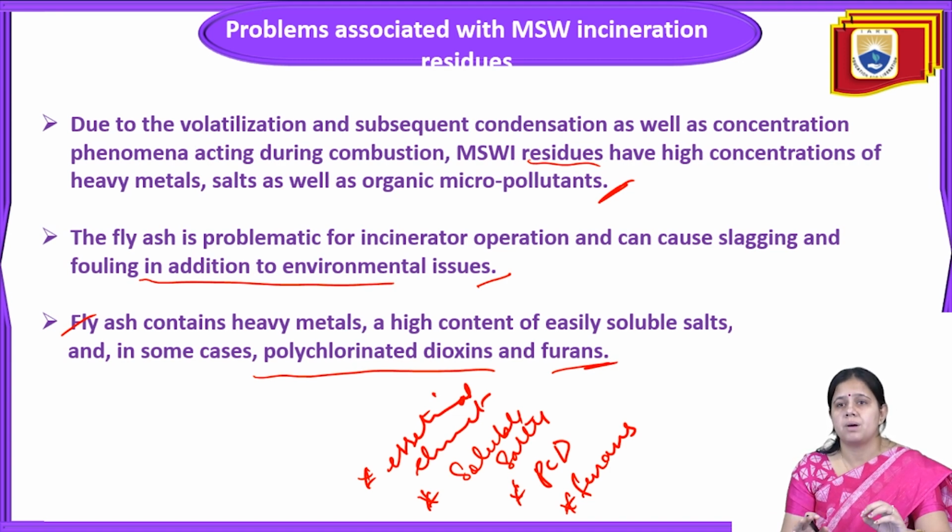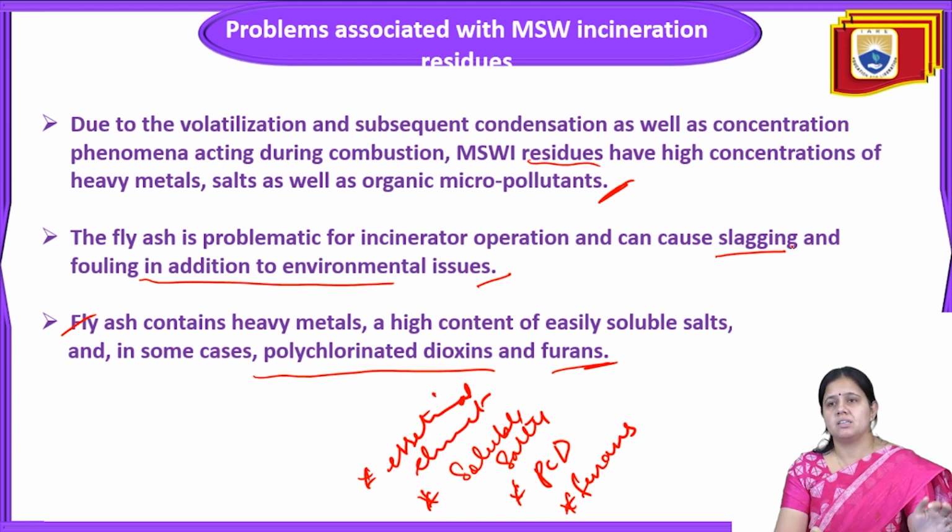It will contain some highly toxic chemicals and some easily soluble salts also. And basically fly ash is problematic for incinerator operation and will cause some slagging and fouling, and it will bring environmental issues also. So these are the issues related with the MSW incinerator residue.